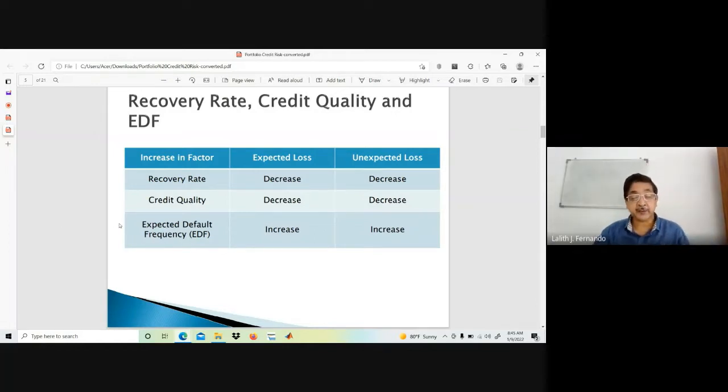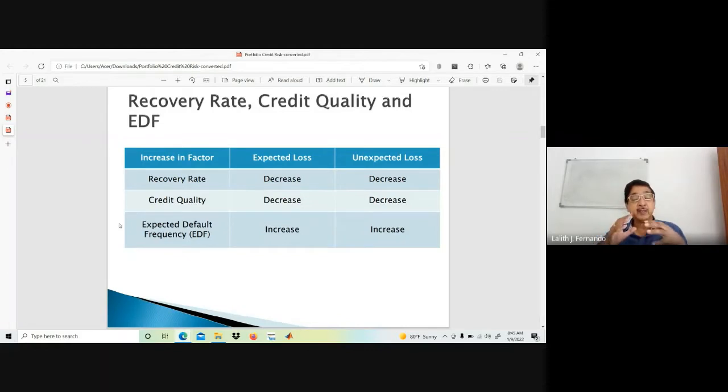Because in all credit risk management operations, any person who engages in credit risk management should keep in mind this factor, because with the probability of default, even if it's a very small increase, the increase of unexpected loss will be exponential.